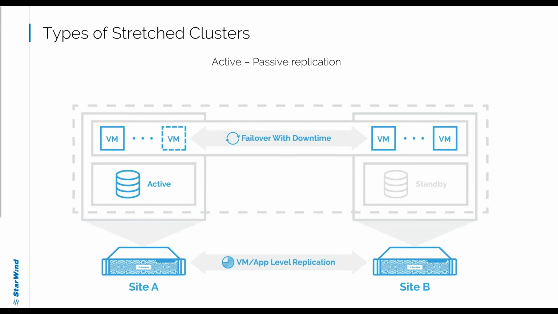I do want to note that while such a configuration is often referred to as a type of stretched cluster, and we typically find that active-active and active-passive are described as the types of stretched cluster, from my point of view, it's not really a cluster as such.